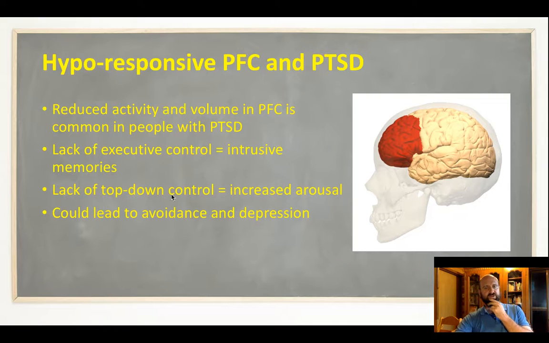This could lead to not only increased anxiety, it could also lead to avoidance, right? If I want to avoid the places and things and people that are going to raise my emotion because I know I can't control it. And being avoidant and cutting off from people could lead to depression as well. And so you see now our explanations are getting a little bit more complex. If that was all too much, we've got more time in the next lesson to cover it again.